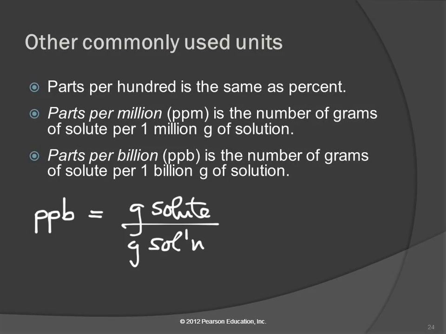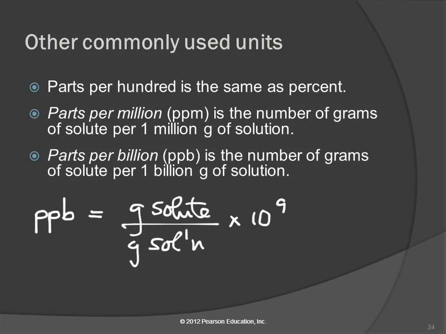In a percent, we multiply by what? 100, because it's parts per 100. For parts per billion, we'll multiply by a billion. A million is 10 to the 6, a billion is 10 to the 9. So if something is parts per billion, it's a very, very low concentration.